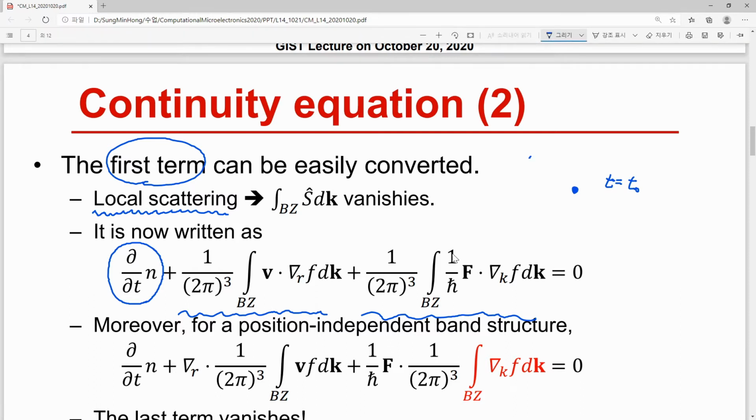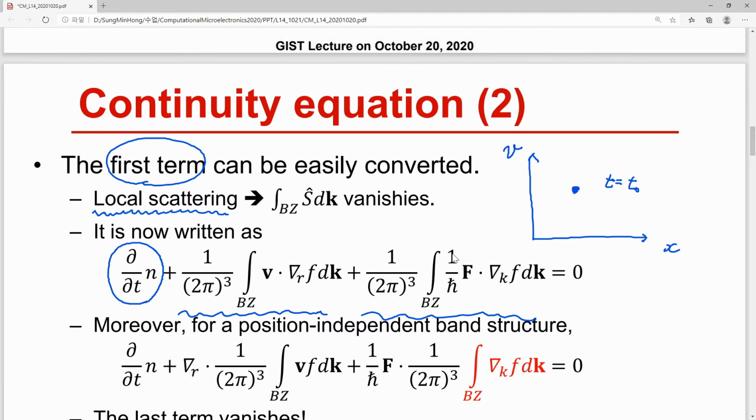However, if we draw such motion in phase space, it just means that at time t0, and after an infinitesimally small time has passed, its velocity goes to a different value by scattering. That is a huge difference in phase space.